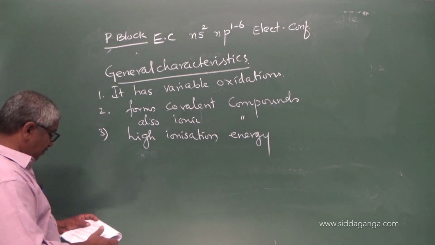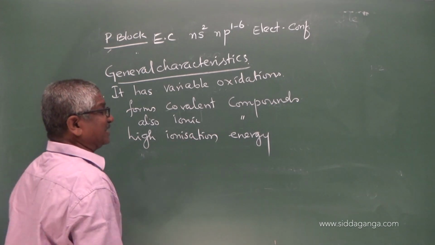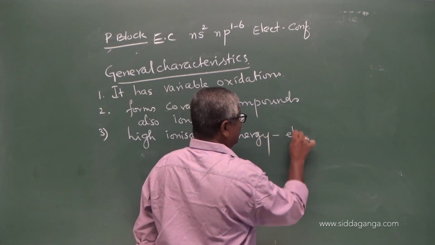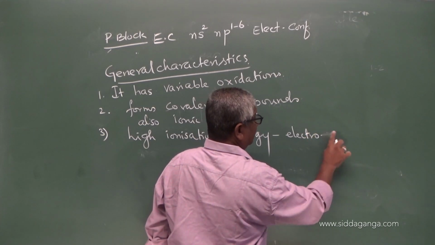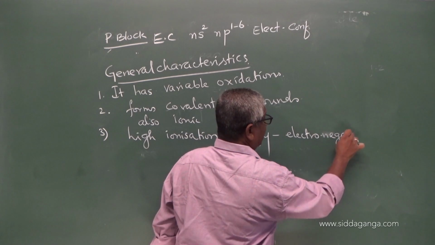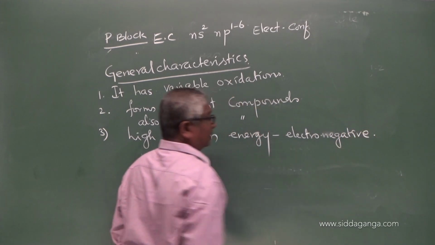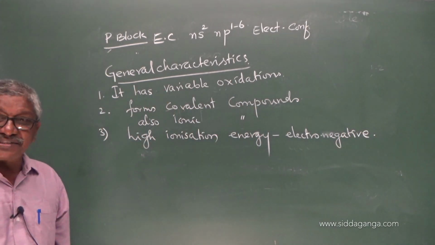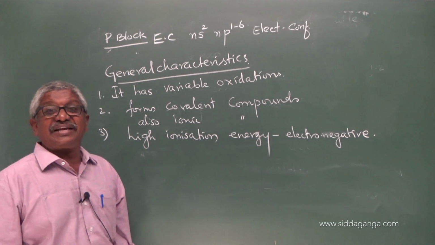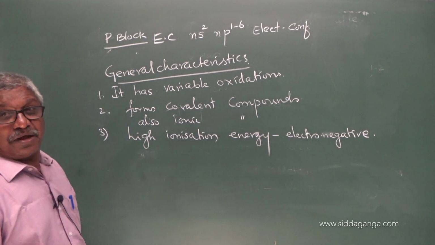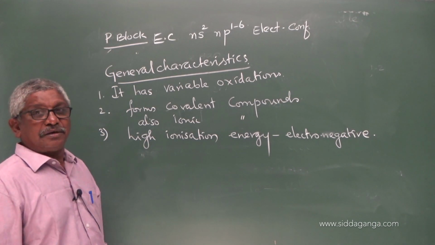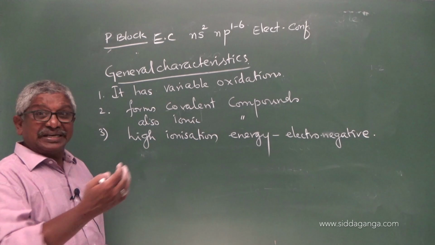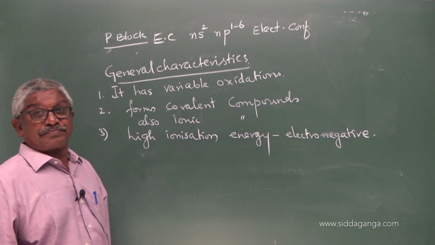So when it has high ionization energy, it is electronegative. S block is electropositive, loses the electron, but P block is electronegative, gains the electron.